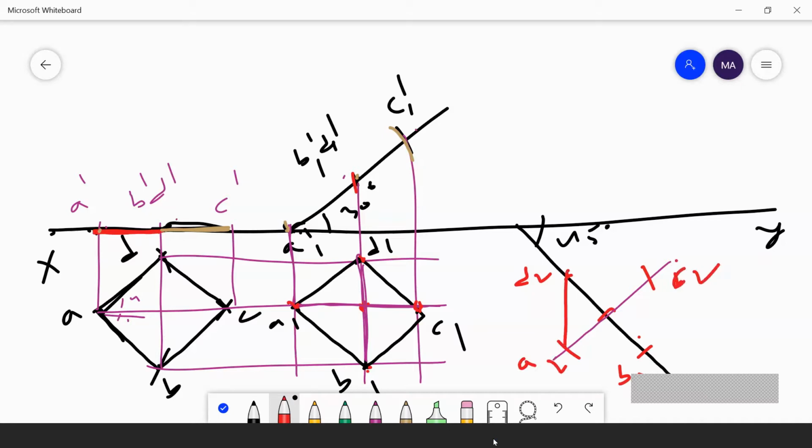Then I am joining this thing. Now the diagonal BD is inclined at 45 degrees. After that, is it clear?